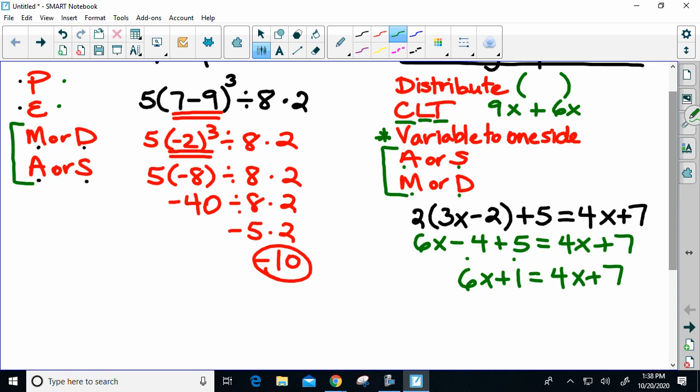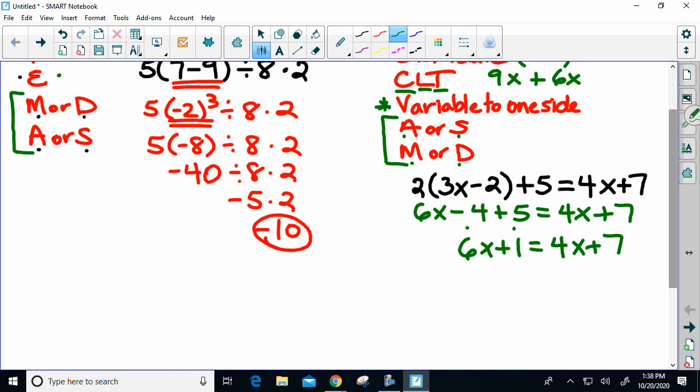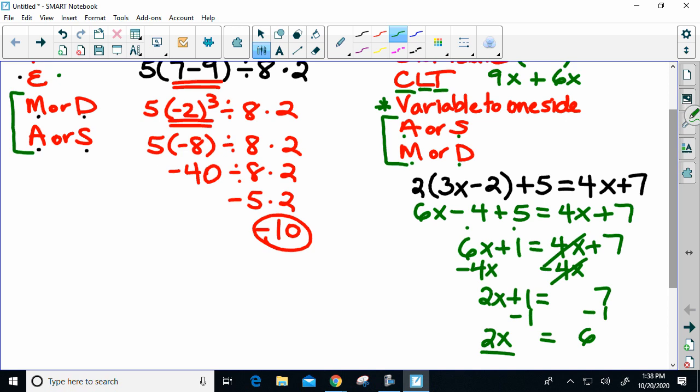You have variables on both sides, so the smaller one has to move. 4x is smaller, so you subtract 4x. 2x plus 1 is 7. Subtract 1. And then divide by 2.